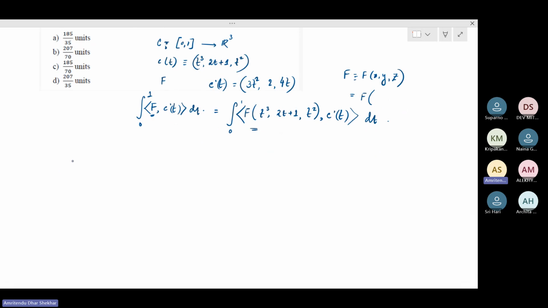Let's say you had a curve which looks like this. This is also a curve, but this curve is not a diffeomorphic image of a comma b, right?